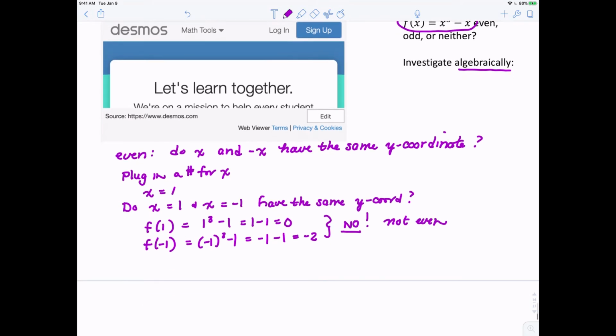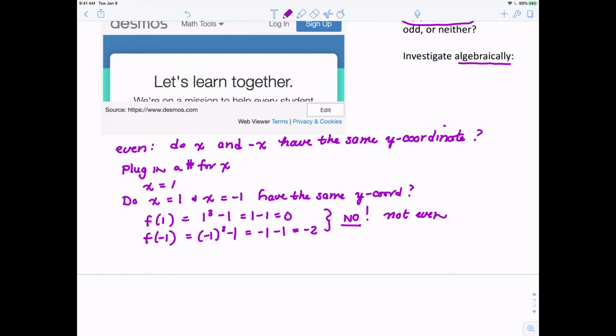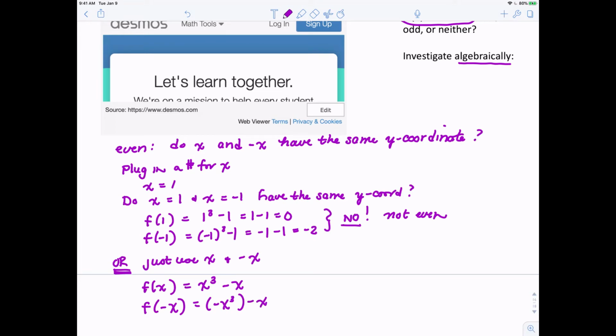Now, you don't have to plug in a number for x. You could just use x. And if you just use x, then you'll also use negative x. So f of x would be equal to x cubed minus x. Now f of negative x would be equal to negative x cubed minus x.